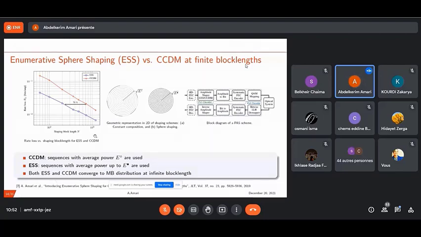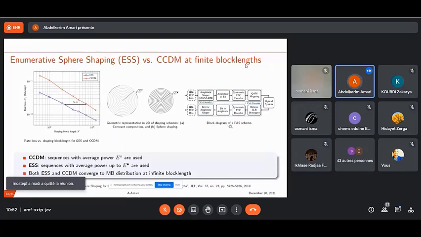While in this work we show that for the nonlinear fiber channel, short block length shaping provides better performance, because it has also nonlinear tolerance in addition to the shaping gain. And then we need to pick the right algorithm for the realization of the shaping at short block length.